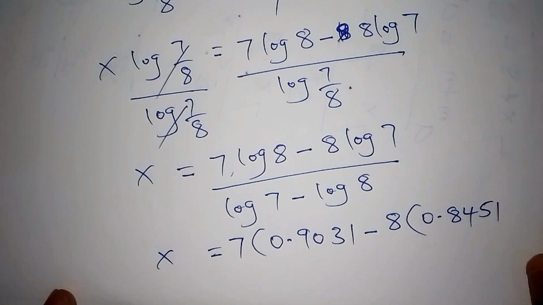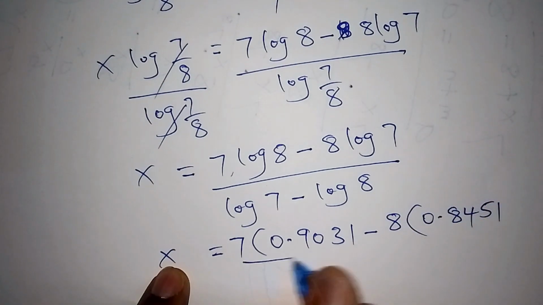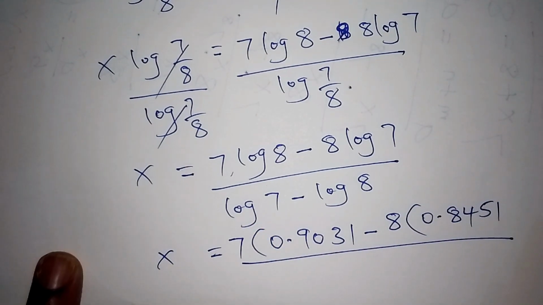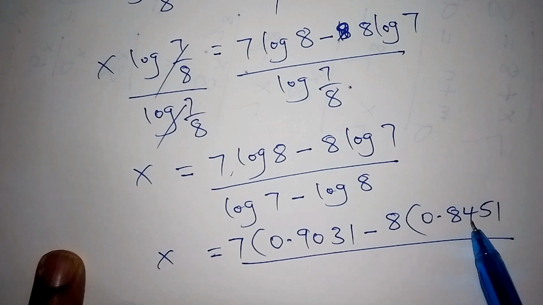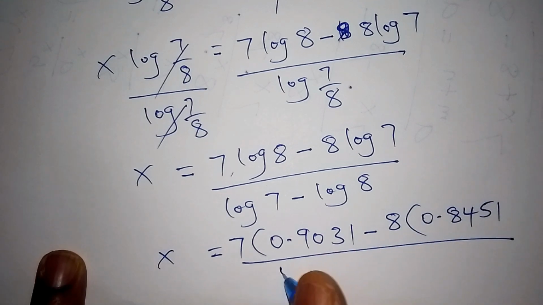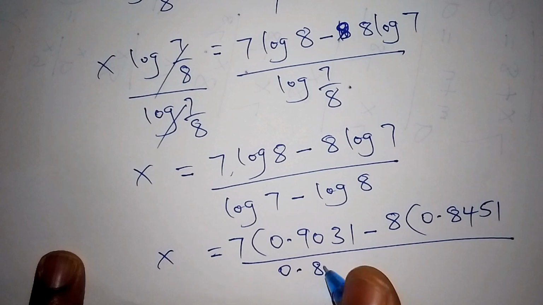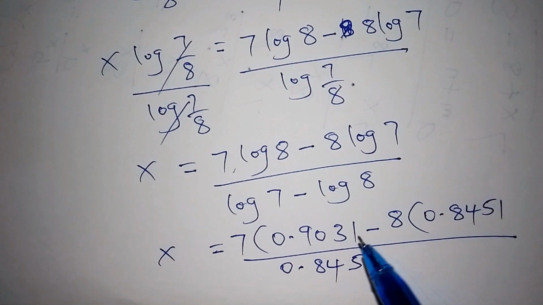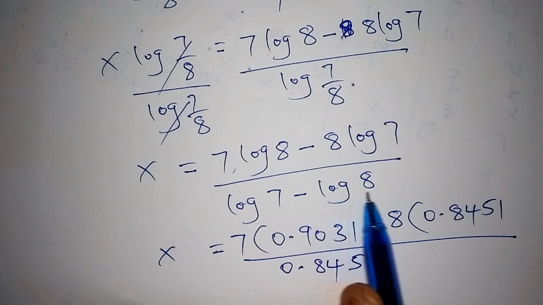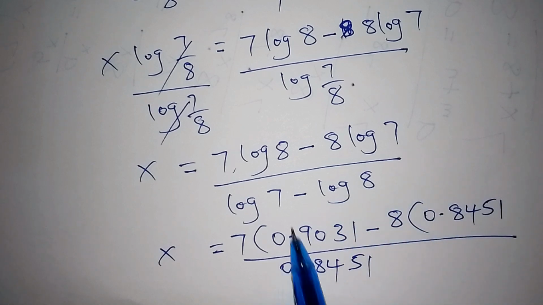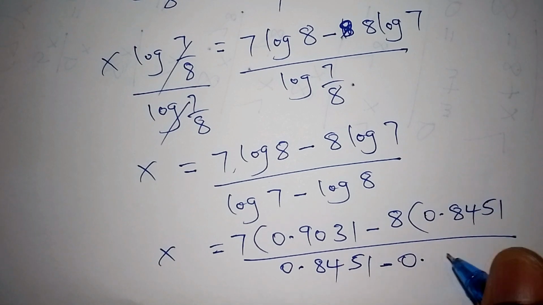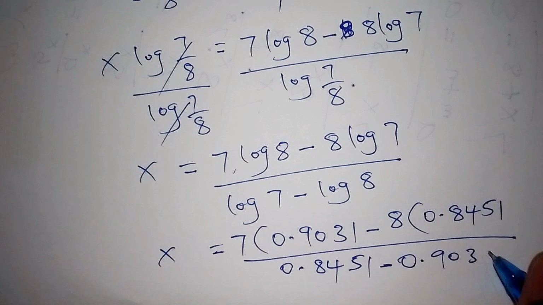All over, we shall use the calculator still to calculate log 7, which is 0.8451, then log 8, which was 0.9031, so 0.8451 minus 0.9031.